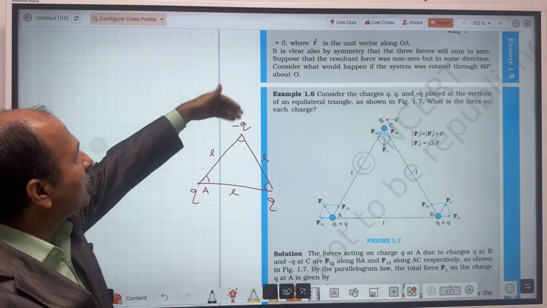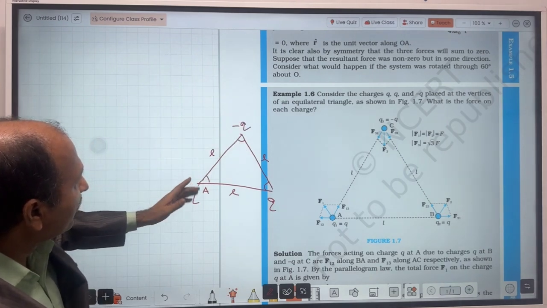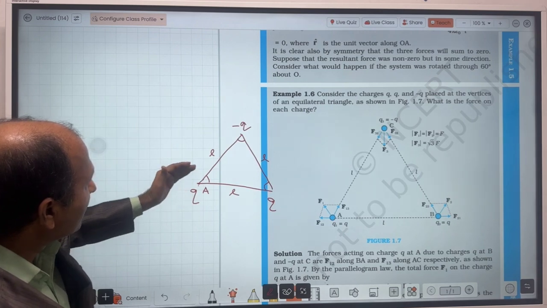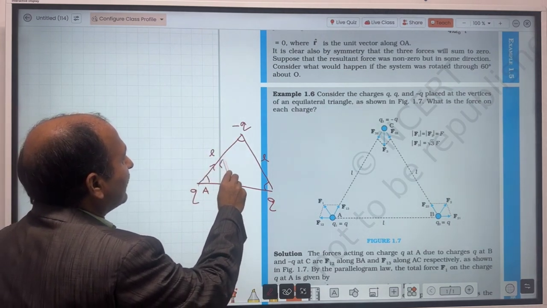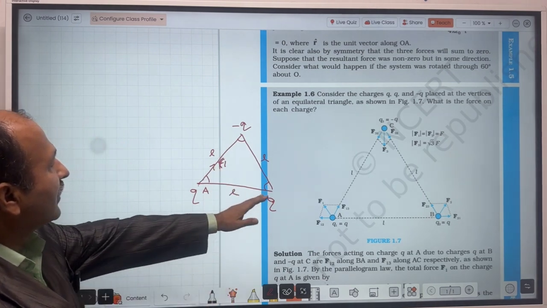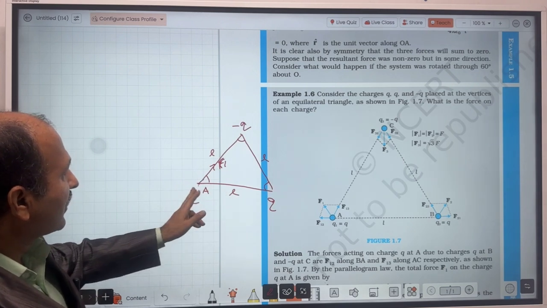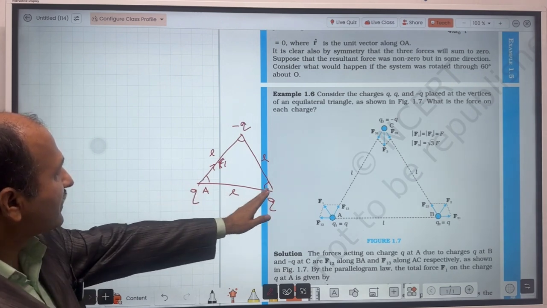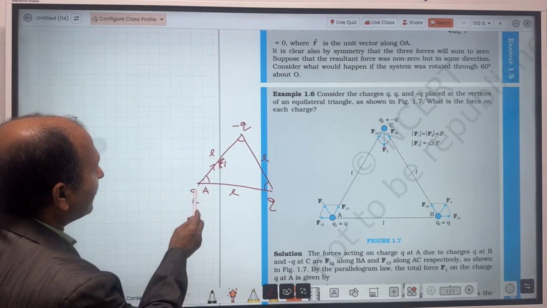So if we assume that this charge is fixed, then force means motion of this charge will be in this direction. So we can say F1 will act in this direction. Now, if we consider this charge and this charge, and we fix this charge, then motion of this charge will be in this direction.